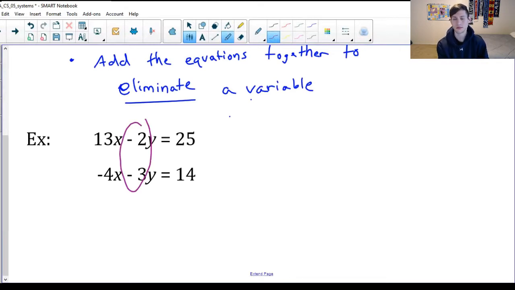My least common multiple would be just 13 times 4. So again, larger numbers, right? No, thank you. So I'm going to choose to eliminate the y's in this case.